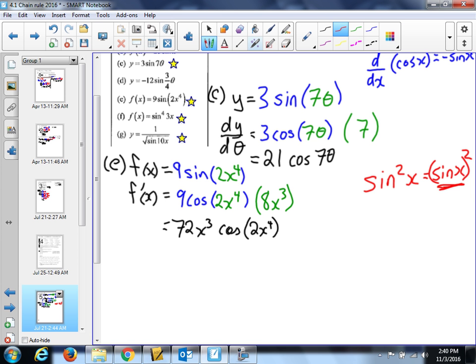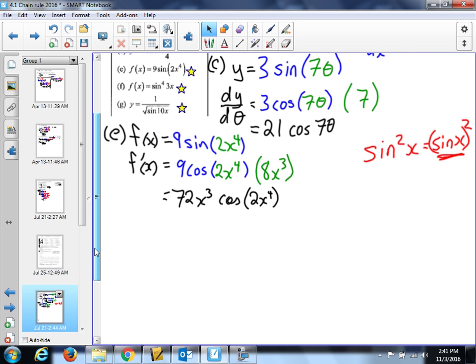This next example has 3 functions. Yeah, it does. Truly does. Okay. So, F. I'm not going to do calculus first. I'm just going to write it. F of x equals my outside function. What's the outside function in this case? To the 4. Does that make sense? Okay.